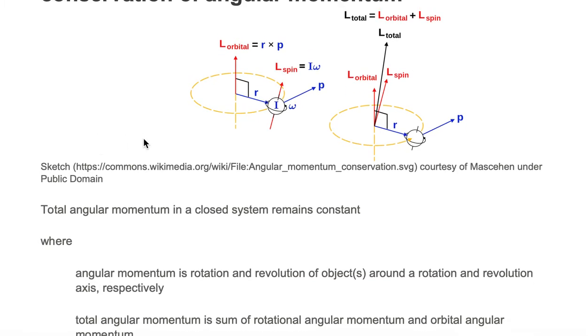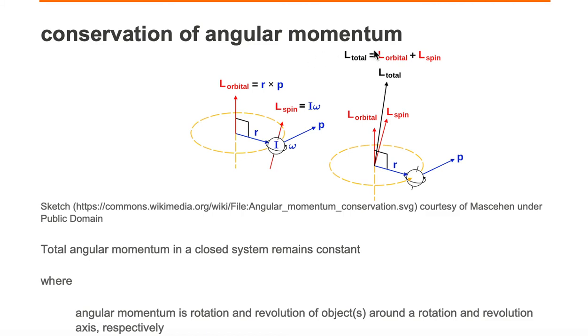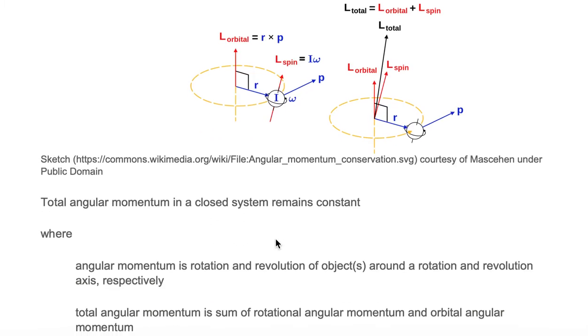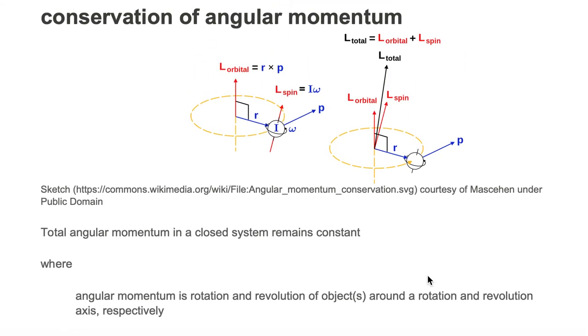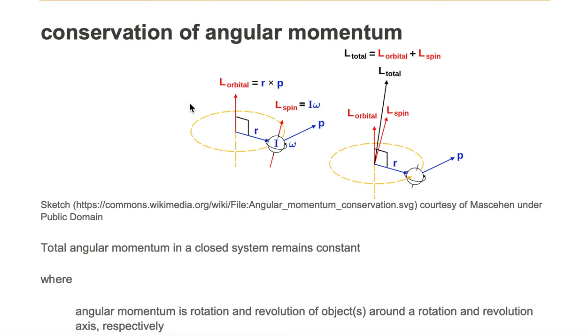So far, we have that conservation of angular momentum is the total angular momentum in a closed system. Let's look at the closed system definition now. A closed system does not involve transfer of matter and energy in or out. In other words, we're looking at the total angular momentum of just this particular system.